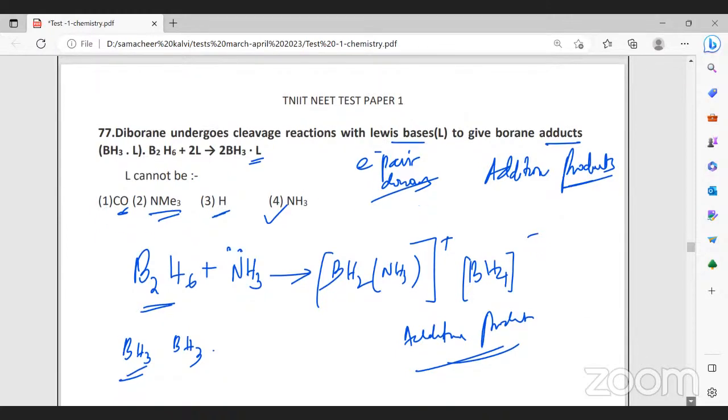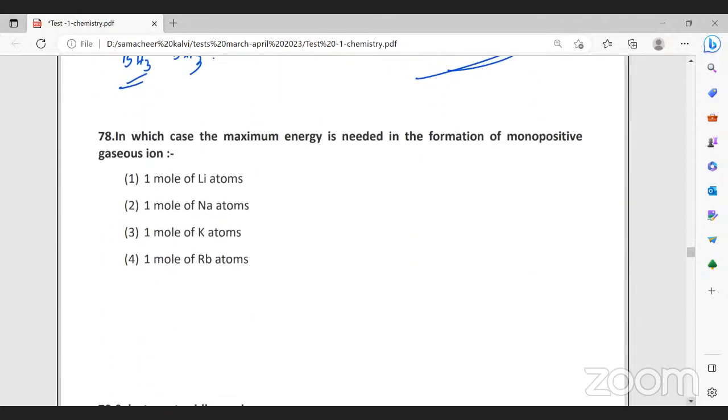Now, in which case is the maximum energy needed in the formation of a monopositive gaseous ion? In which case is energy needed to form a monopositive gaseous ion?